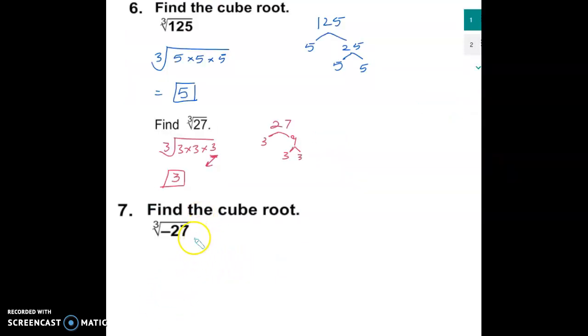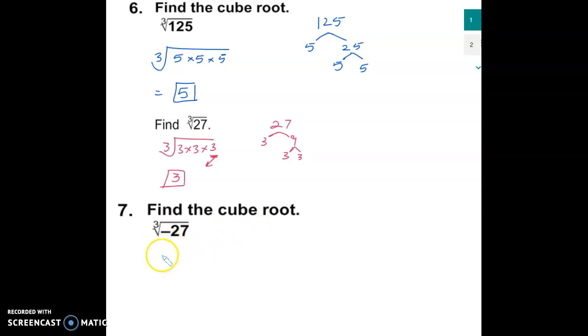Let's pay close attention to this question. It's the cube root of -27. If you remember in the last section, for a square root of a negative number, there is no real root. But for the cube root, yes, we have a cube root for -27.